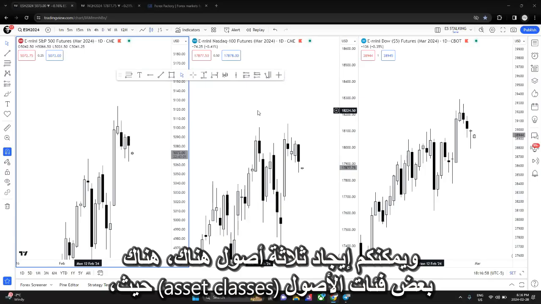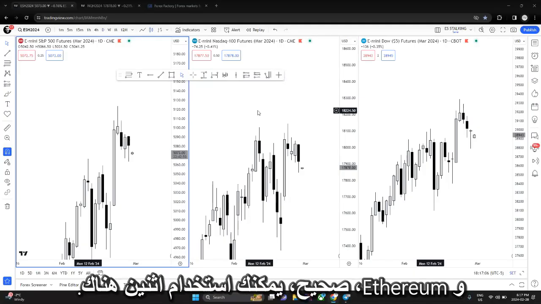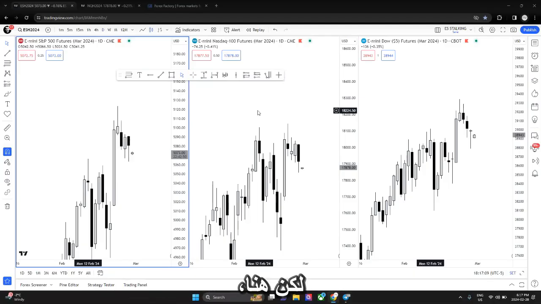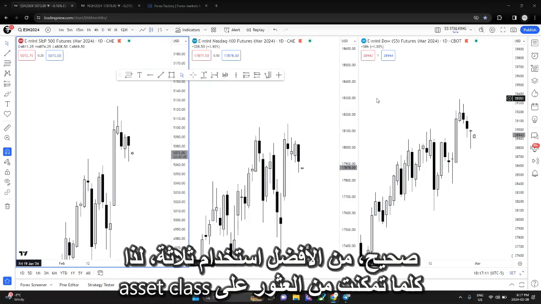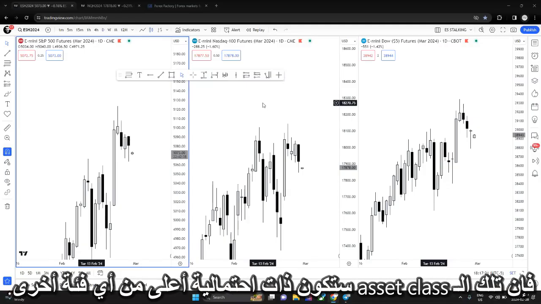There are some asset classes, like crypto, where you can use Bitcoin and Ethereum. You can use two there. But here, it's better to use three. So whenever you can find an asset class where you can find three closely correlated assets, that asset class will be higher probability than any other, right?